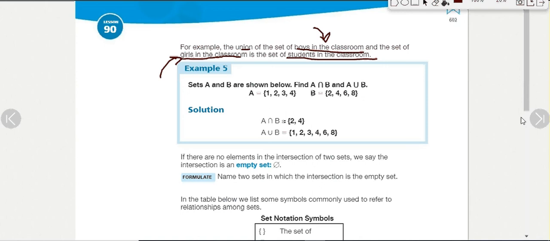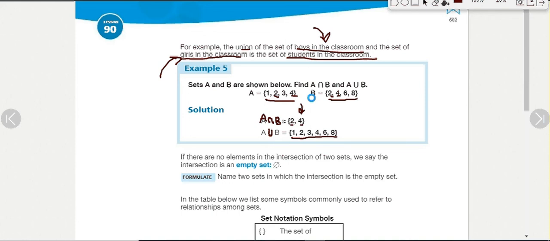So if we get this down simpler to just a list where we have 1 through 4 and then the evens between 2 and 8, what is A intersection B? That's just what they have in common. 2 and 4 is the intersection, right? But the union is always a longer list because we include all the numbers. Notice if there is any overlap, 2 and 4 are not written over again.